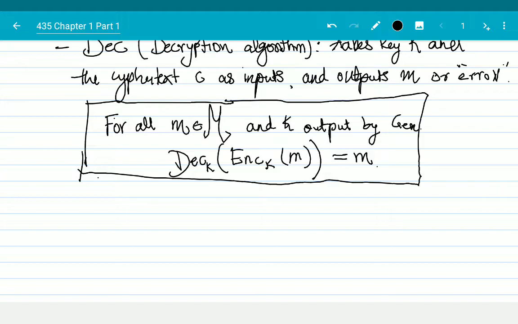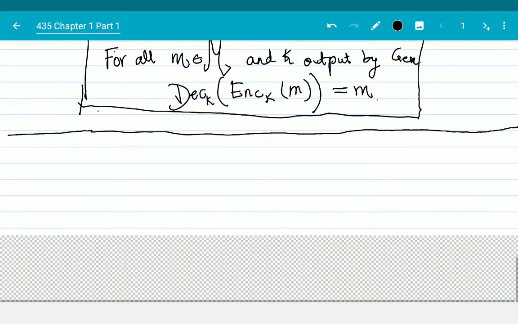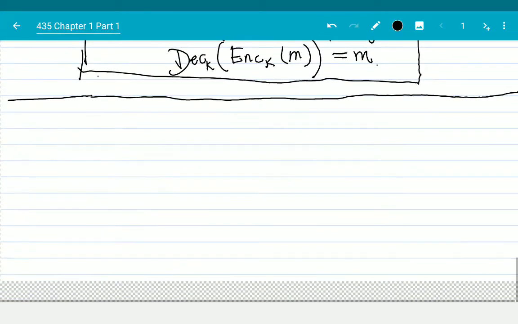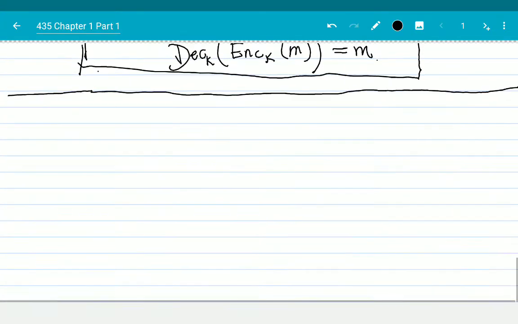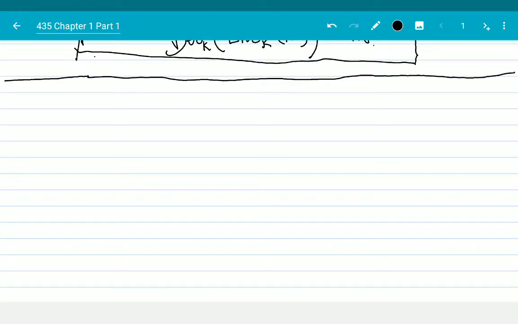And so, one of the first ways of saying, oh, this is a good encryption algorithm or a strong encryption, was given by Kirchhoff, and it is given by Kirchhoff's principle.